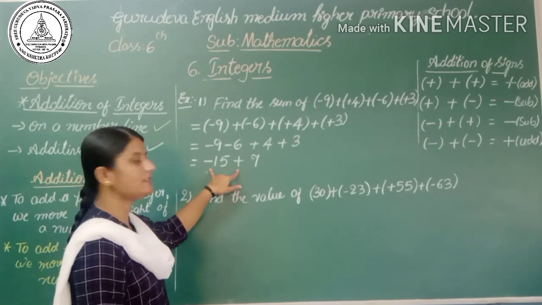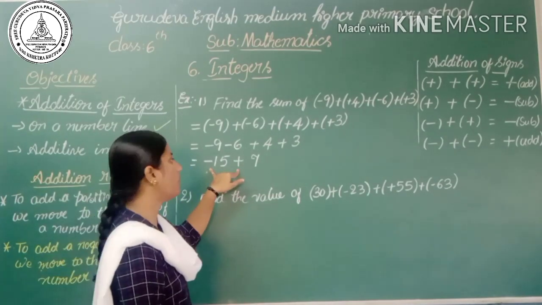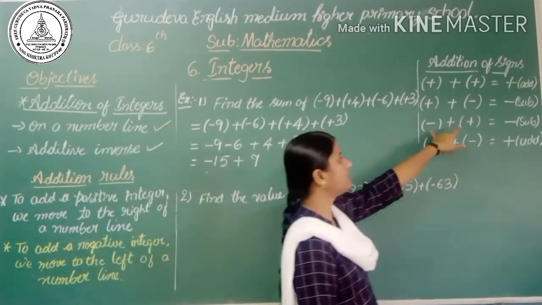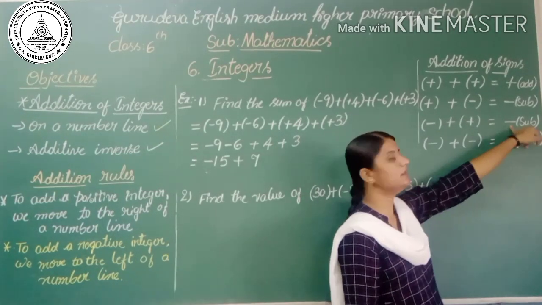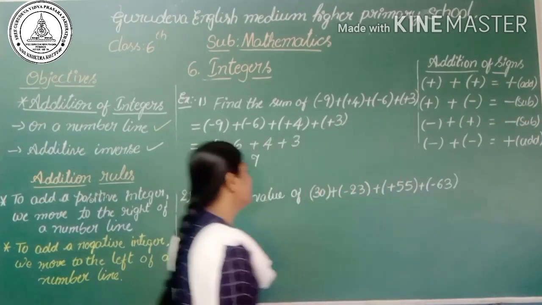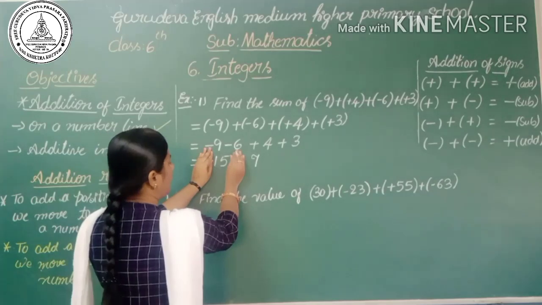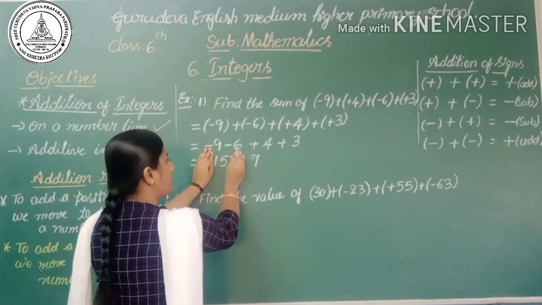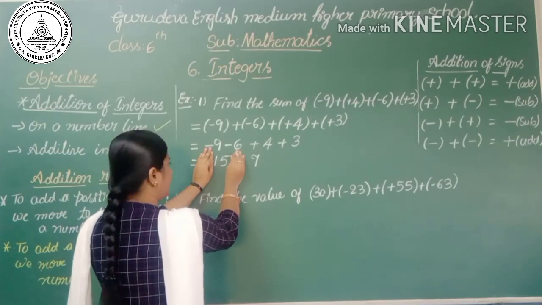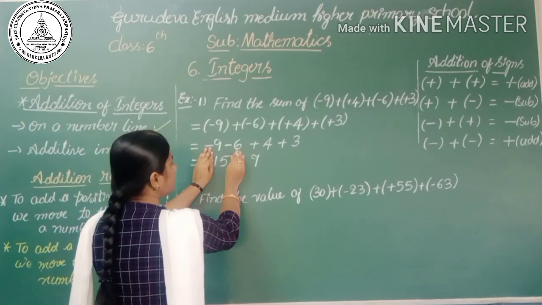If two integers have different signs, what do we have to do? We have to subtract. Just subtract 15 and 7. So 15 minus 7 is 8, right?